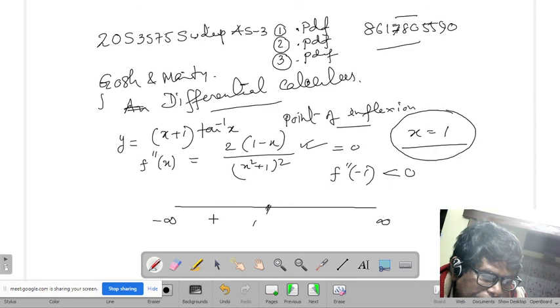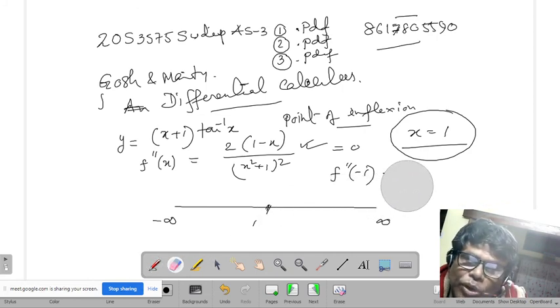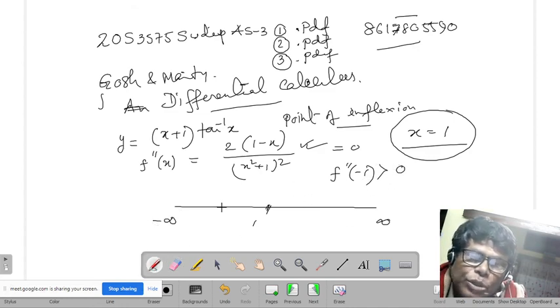If it is x equal to minus 1, I think I have been wrong, so this becomes positive, greater than 0. So in this region it is positive, that means concave up, and in the region more than 1 it is negative, that means concave down.